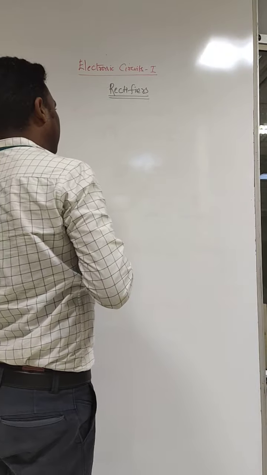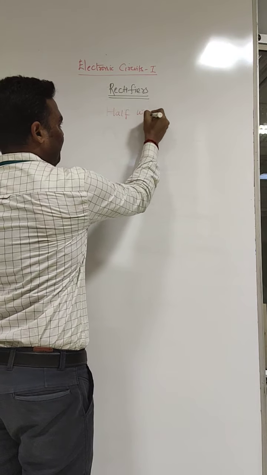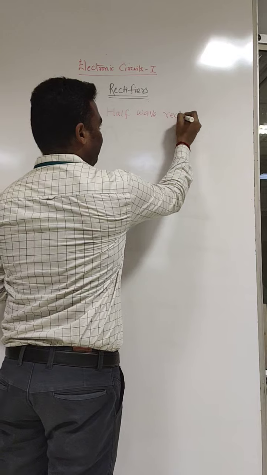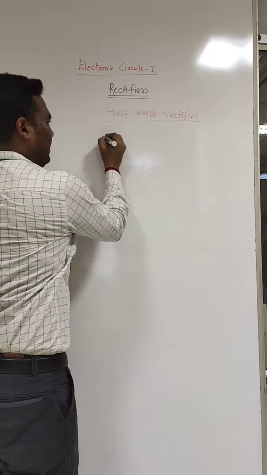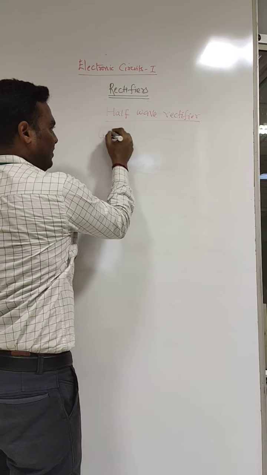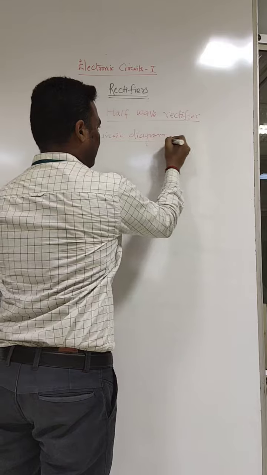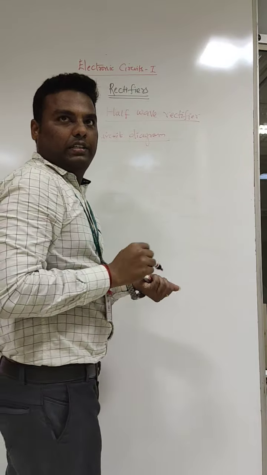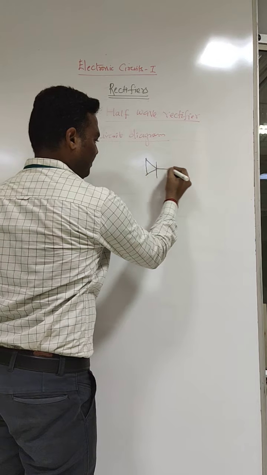Now the topic is the half wave rectifier. Draw the circuit diagram first. Very important first is the diode.